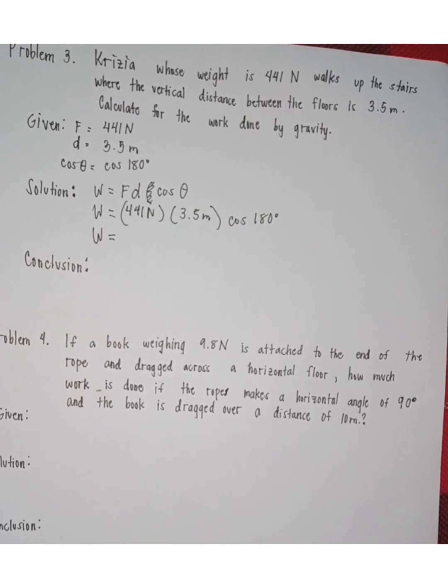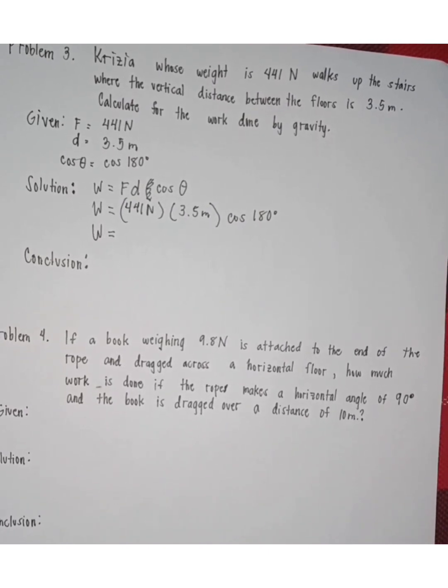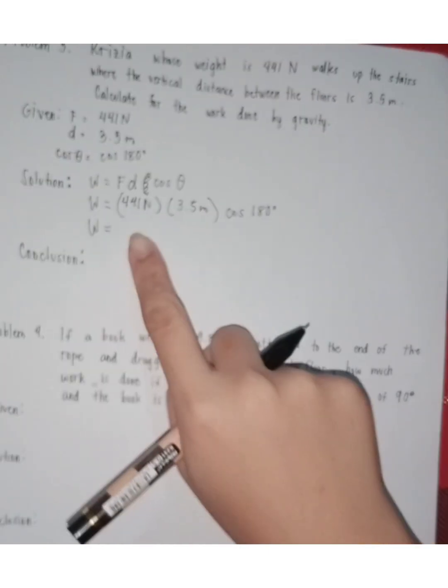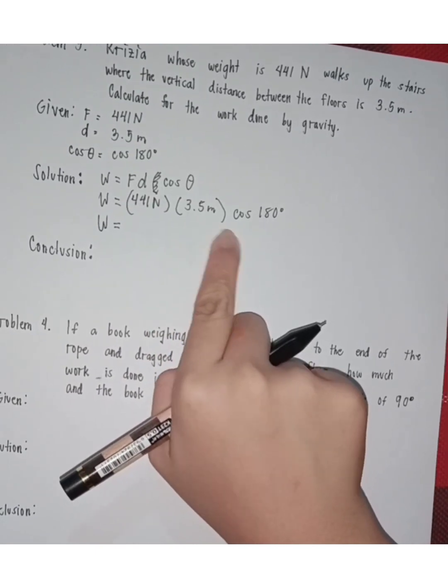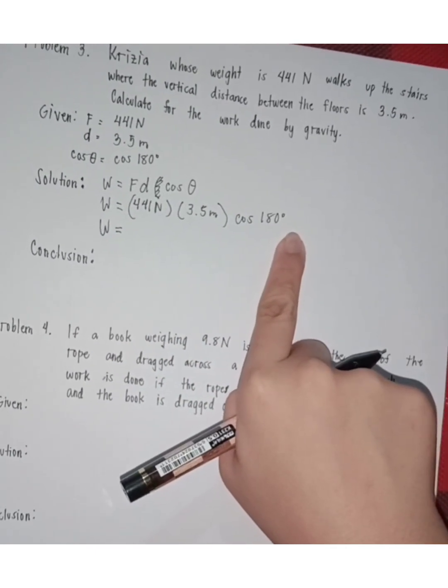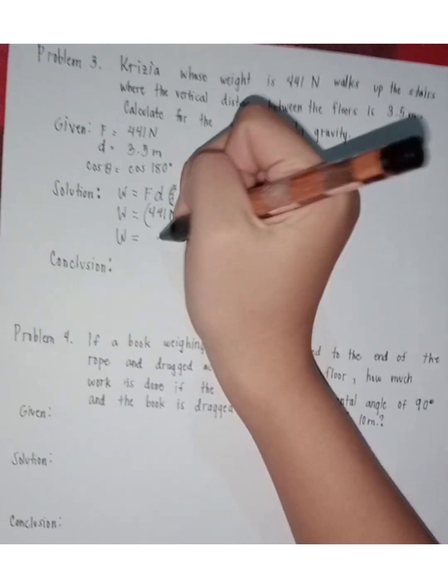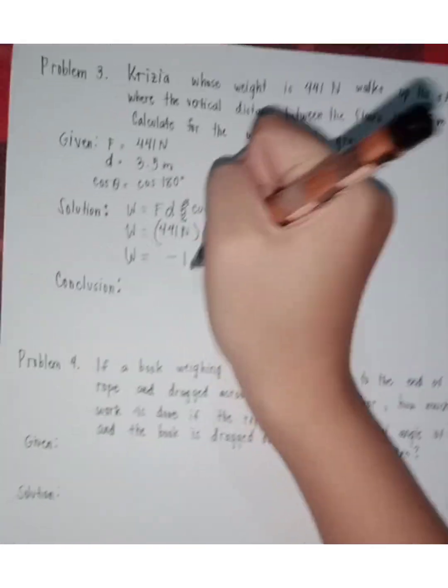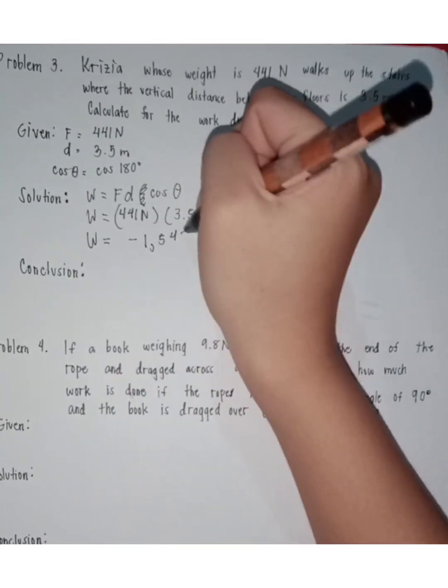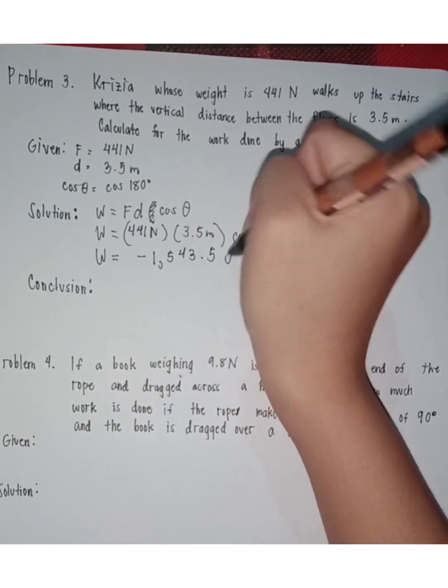So work will be 441 Newton times 3.5 meters times cosine 180 degrees, which is negative 1543.5 joules.